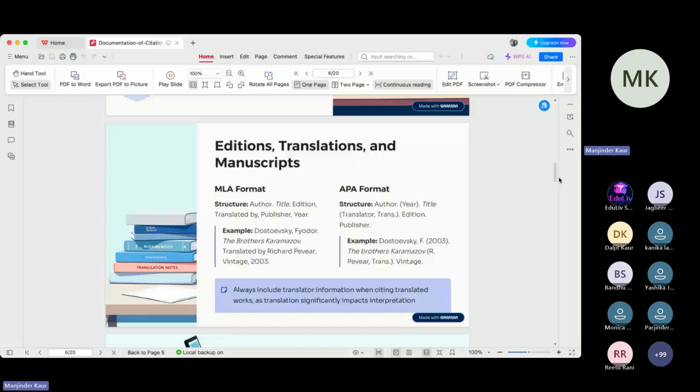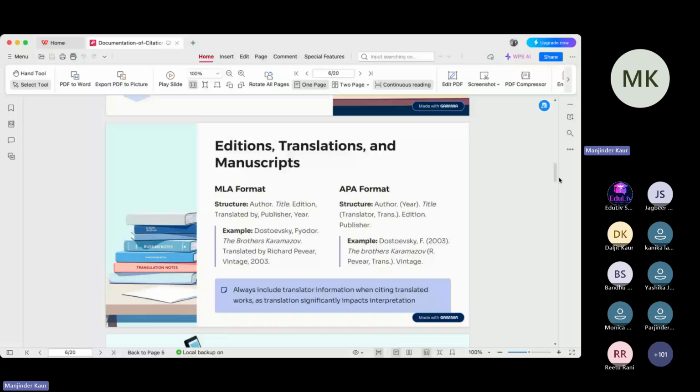For example, Dostoevsky is the surname. After that, comma, Fyodor is the name. That is surname first, then name, then a period, then the name of the book in italics, The Brothers Karamazov, right? But this book wasn't actually in English. It is translated by Richard Pevear, right?